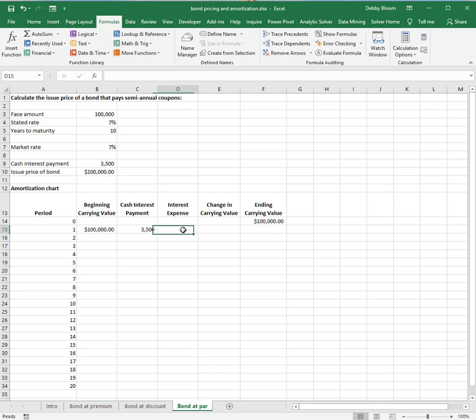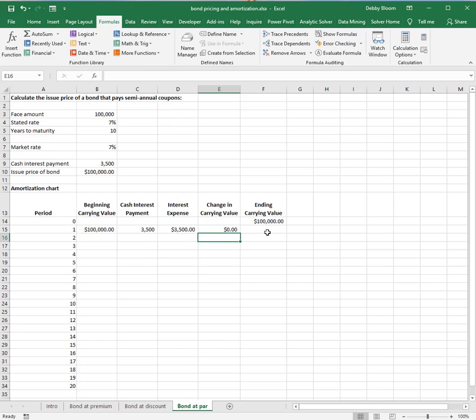Then in my interest expense, I'm going to take the beginning carrying value: equals, click on cell B15, multiply that by the market rate. So click on cell B7 and hit your F4 key on your keyboard and then divide by 2. You're going to notice that the interest expense is exactly the same as the cash interest payment, but we'll calculate our change in carrying value the same way, as the interest expense minus the cash interest payment, D15 minus C15.